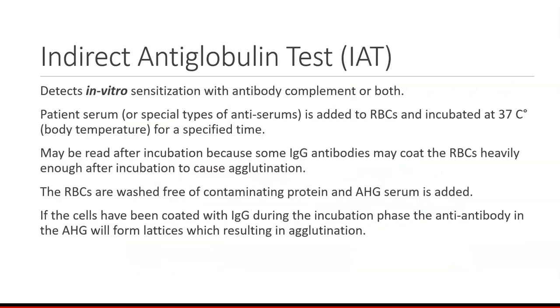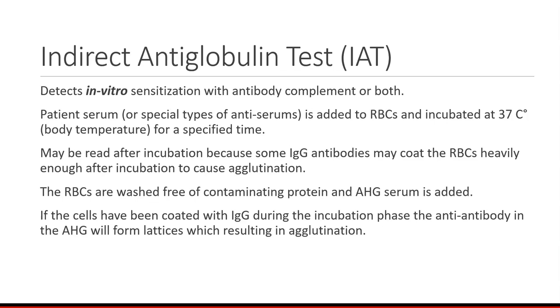The indirect antiglobulin test, the IAT, detects in vitro sensitization with antibody, complement, or both. Patient serum, or sometimes special types of anti-serums, is added to red cells. They're incubated at 37 degrees, which is body temperature, for a specified period of time.